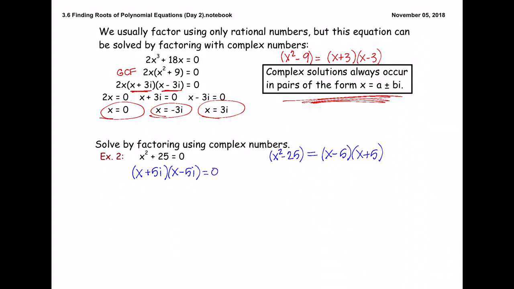We then set those both equal to 0 using the zero product property, and our inverse operations. We subtract 5i to get x equals negative 5i. We add 5i to get x equals positive 5i.